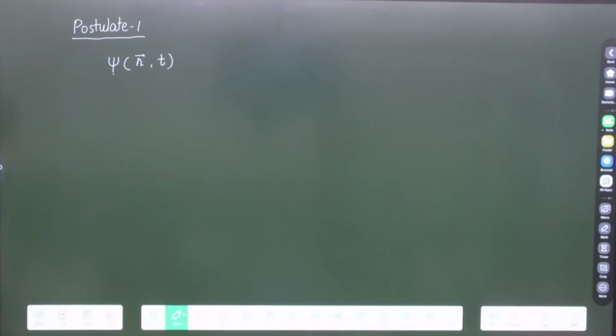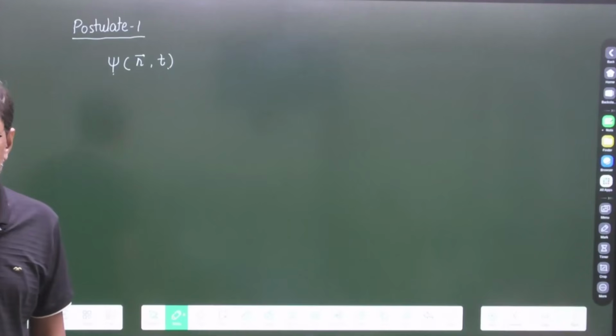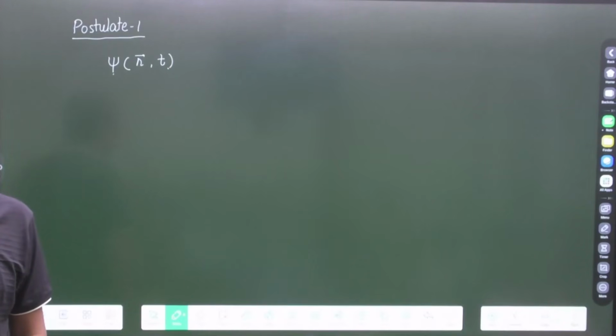Real is a subset of that; complex is having both. So number 2: psi(r,t) doesn't have any physical meaning in itself.